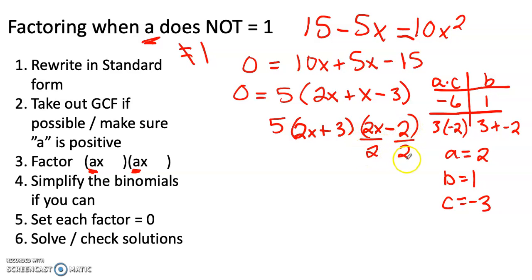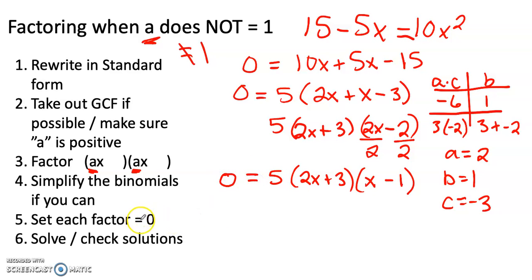And I can divide by 2 in both of the terms in this binomial. And by doing that, I simplify the binomial. So let's rewrite it. Divide by 2, divide by 2. So now, if I were to FOIL this back out, I would get my original trinomial, okay? So I just have to simplify my binomial if I can.